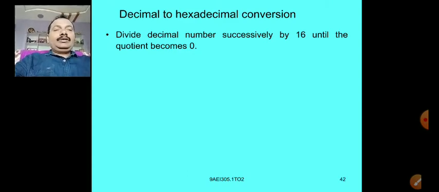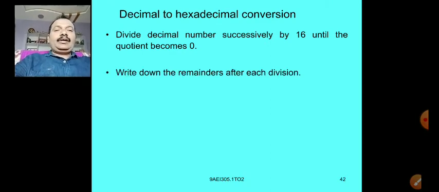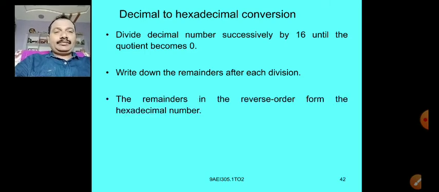Okay, the procedure here is just divide the decimal number successively by 16 until the quotient becomes 0, and write down the remainders after each division. And you have to form all the remainders in the reverse order for the hexadecimal number.